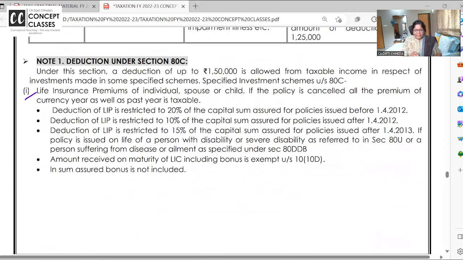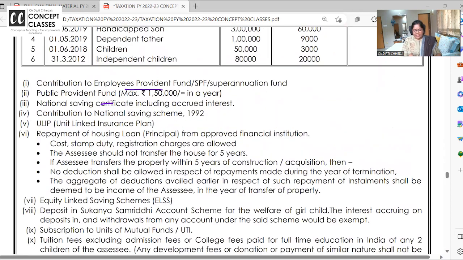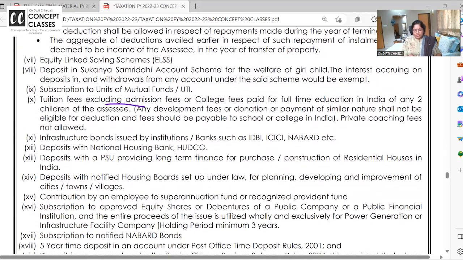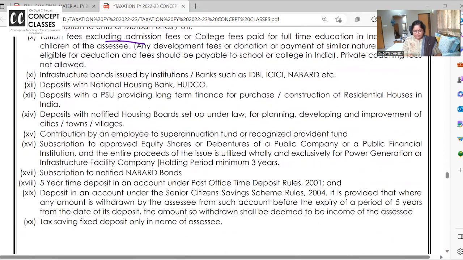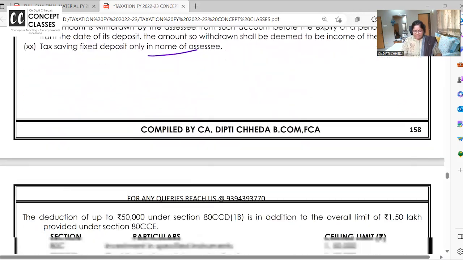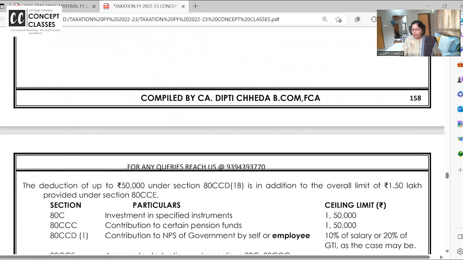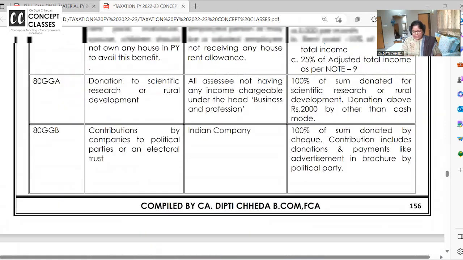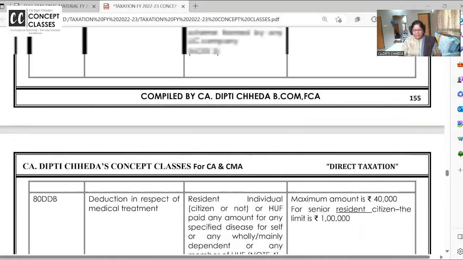You can put the money in LIC, or you can put the money in PPF, National Savings Certificate, FD, and National Pension Scheme, repayment of housing loan, tuition fees, Sukanya Samriddhi scheme for a girl child, bonds of NABARD and all, tax saving FDs in bank, post office. For all this, you get a deduction in 80C. I hope this is clear.